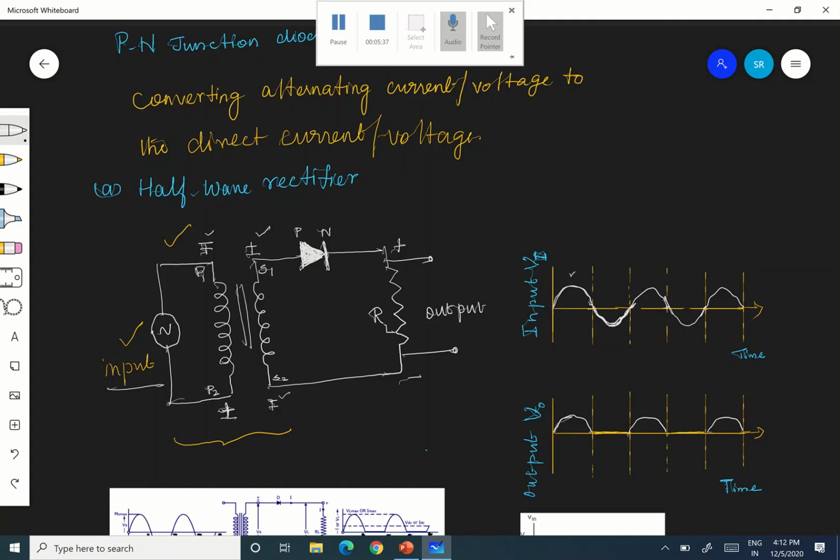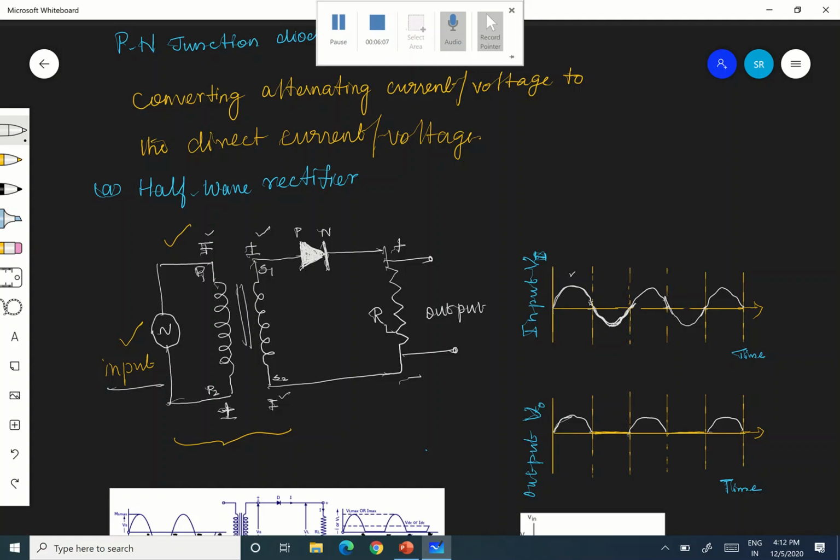It is only on the basis of Lenz's rule. So the basic thing here is mutual induction. Due to mutual induction, the principle of the transformer is nothing but mutual induction.